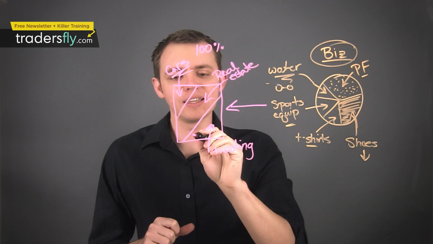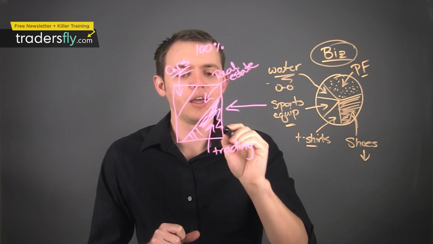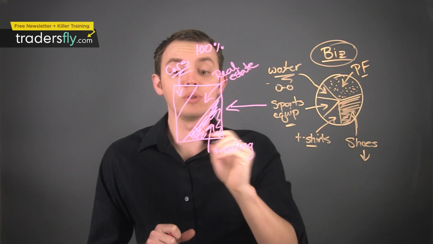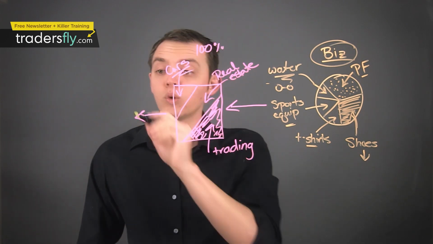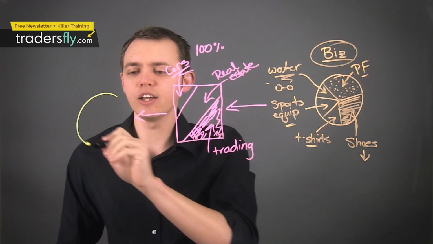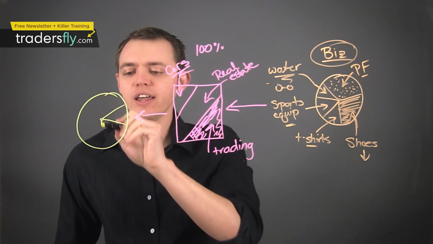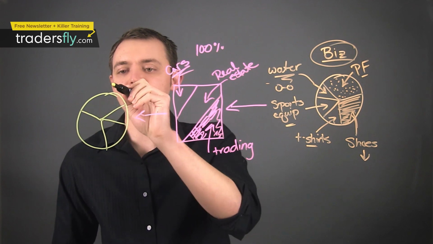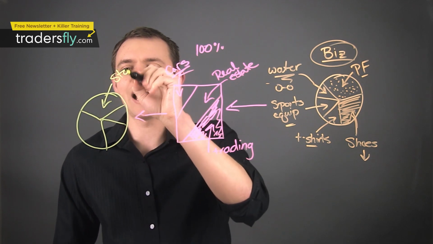Now, if we take this a little bit further and we take this trading area and we move this to the next area right here and we break it down further, again you get somewhat of a diversified area. So you might have, let's say, one big sector of stocks.